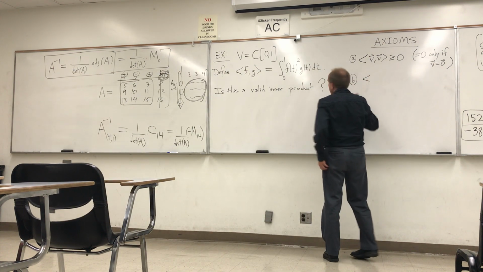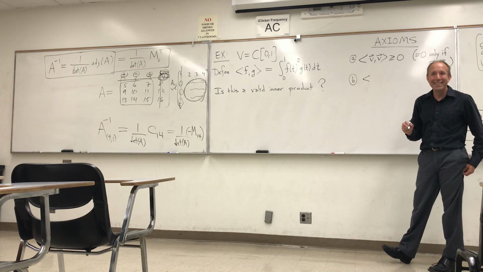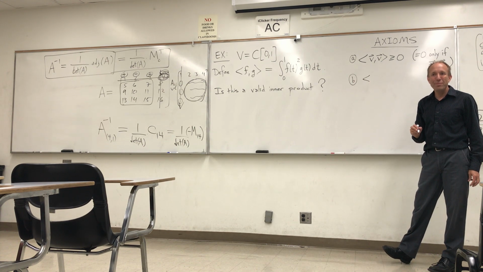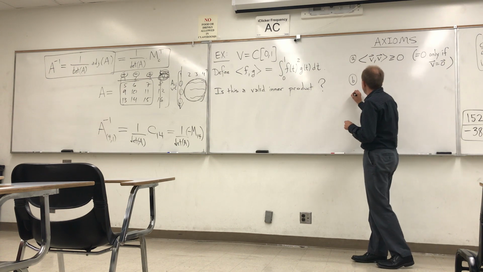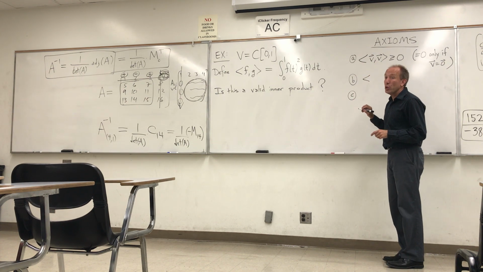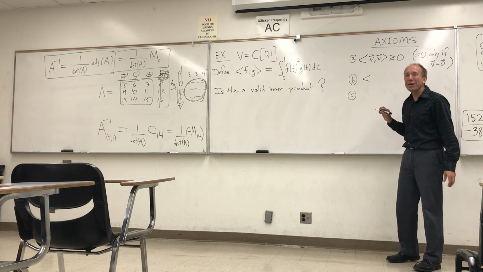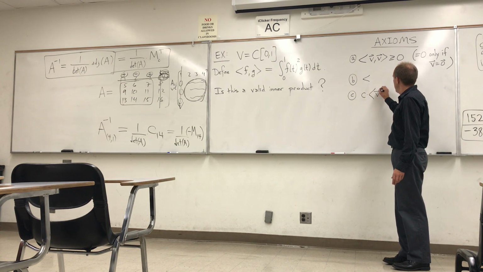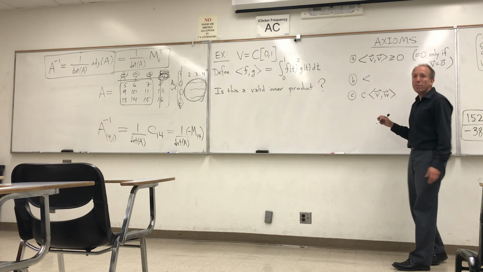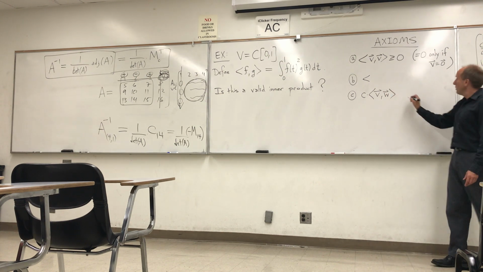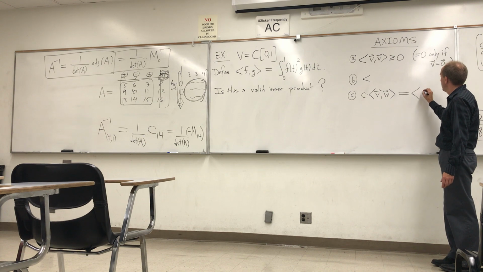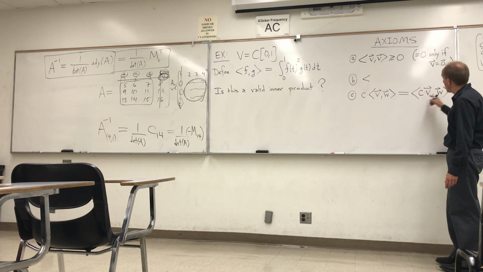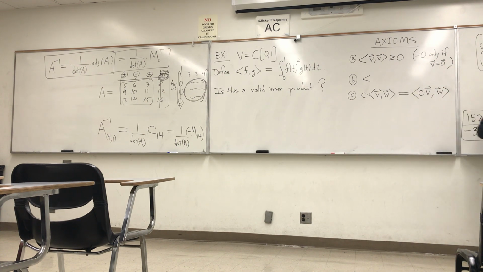The second axiom, does anybody remember the next one? If you have a constant multiplied by... you're doing the third one, but that's okay. I don't care what order they're in. So the inner product of C times V and W, I'm going to use V and W just for general notation, is equal to the inner product of C times V and W. So you can float a constant in and out of the inner product.